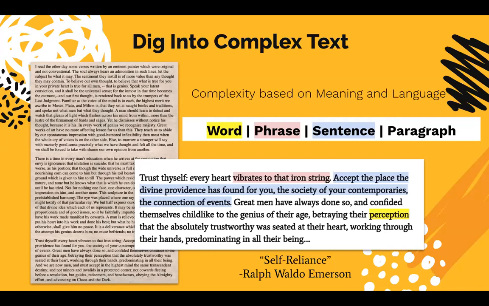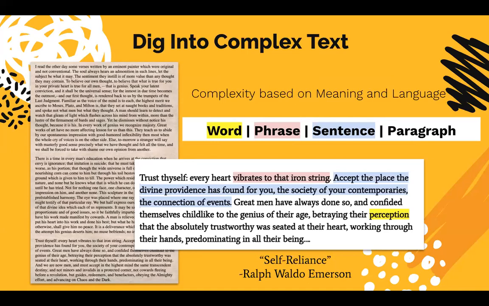If I have my students really digging into, let's say, the word perception, which is highlighted in yellow, or the phrase vibrates to that iron string, which is highlighted in pink, or the sentence, accept the place that divine providence has found for you, the society of your contemporaries, the connection of events.